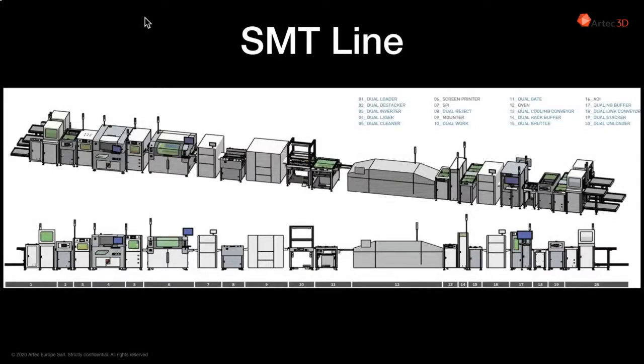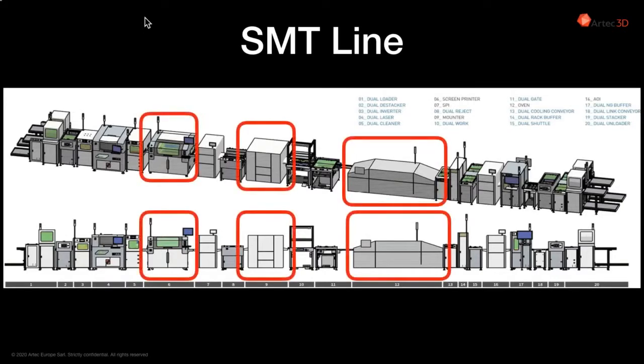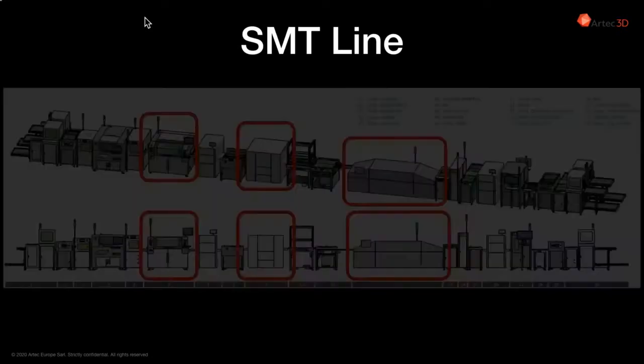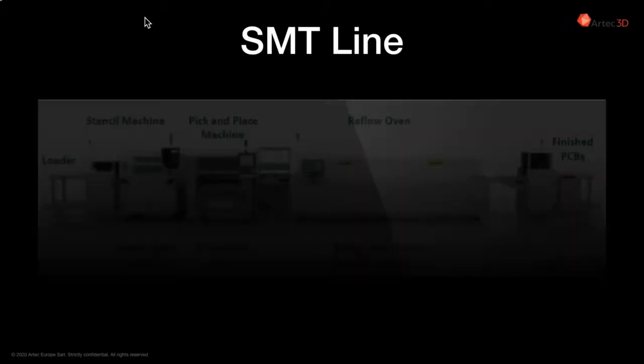However, SMT is more attractive from the automation point of view, and you have a chance to see how the SMT line looks in general. Three main stages of the SMT process are in the red areas. So, the SMT line itself, what is it?